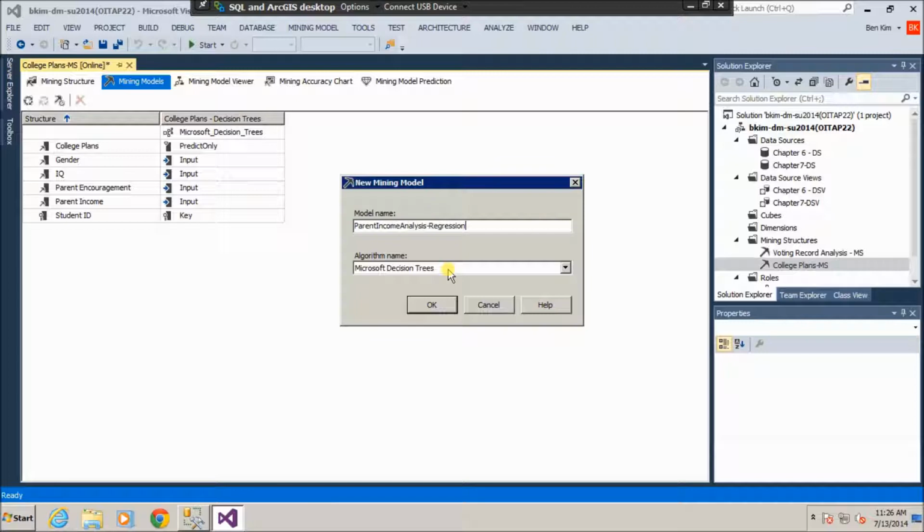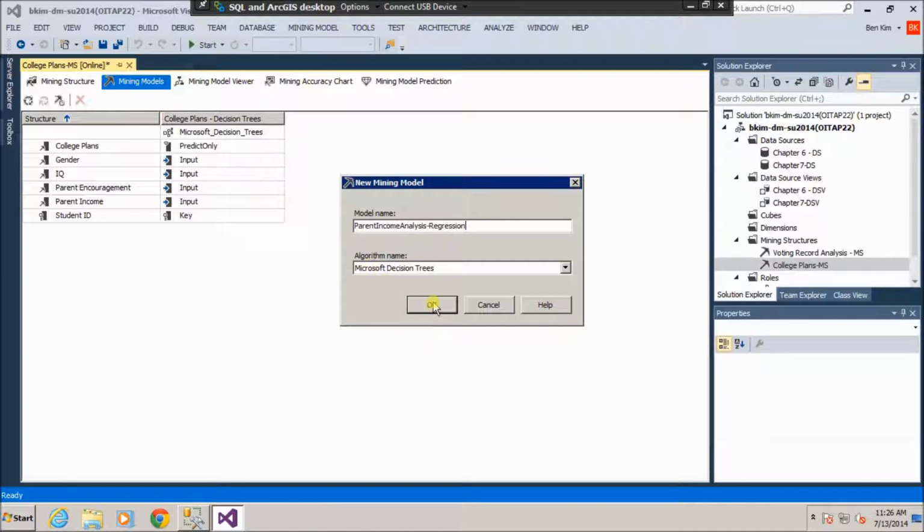I'll explain that a little later when we look at the mining model viewer. Instead of just using IQ or one numeric data, we can use qualitative data like college plans and gender and others when you predict parent income. But anyhow, let me explain that on the next page.